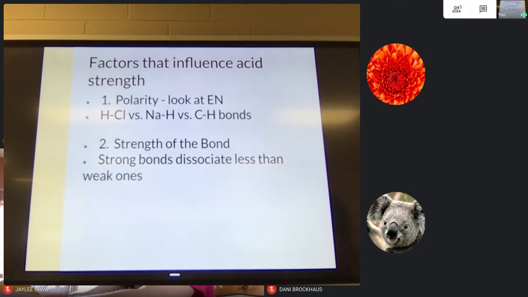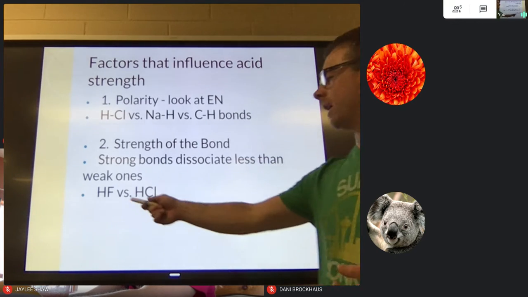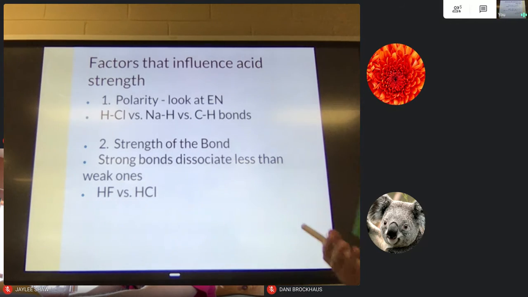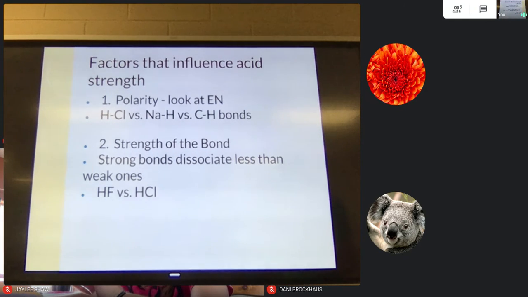That is to say, if the bond's really strong, it's really going to hold on to that H very well. So if you just thought polarity was the only thing that influenced acidic strength, you'd say HF is a super strong acid. But you can look at the chart, and HF is actually a weak acid. So it's a combination of these two things.